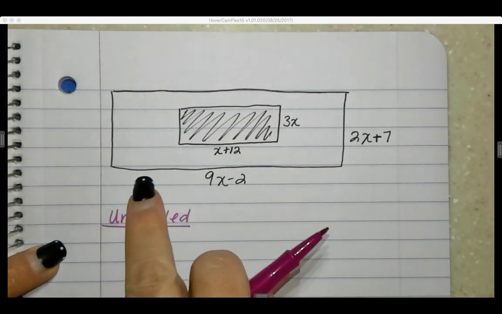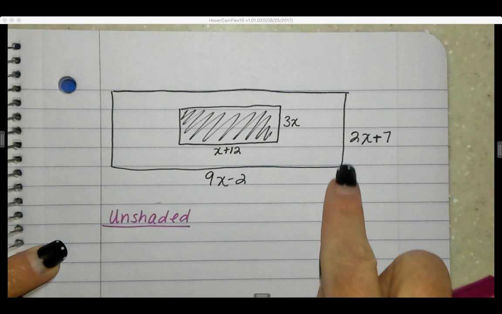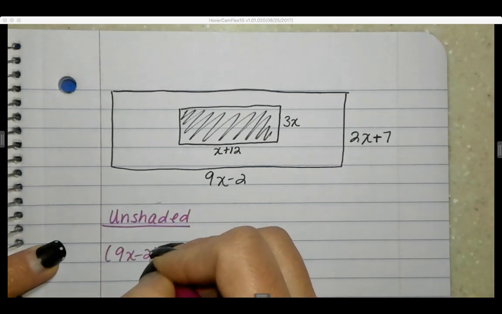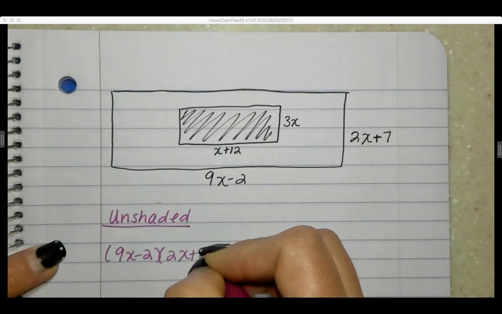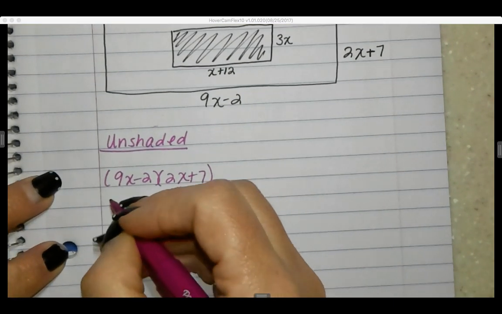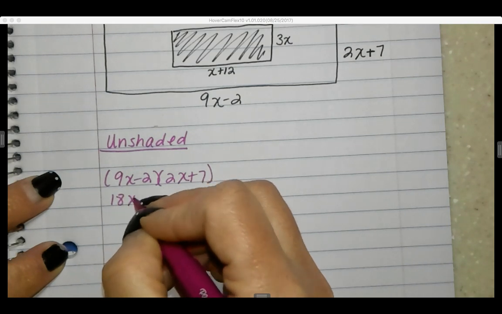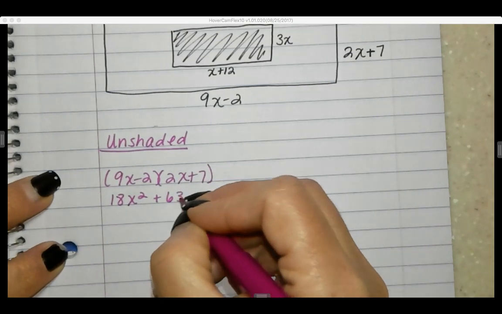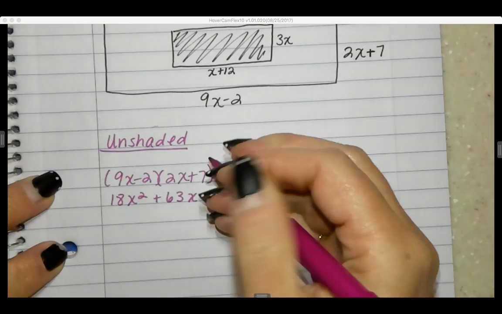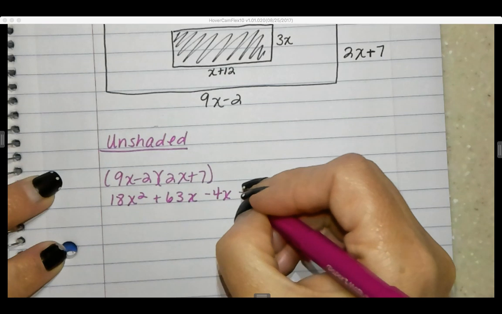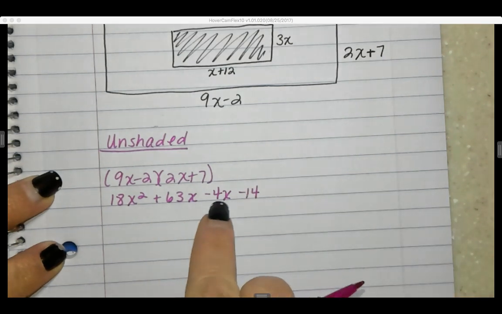Area is base times height, or length times width. Okay, so FOIL method. First, outer, inner, last, put your middle terms together.